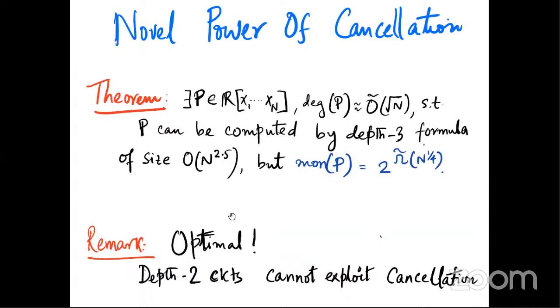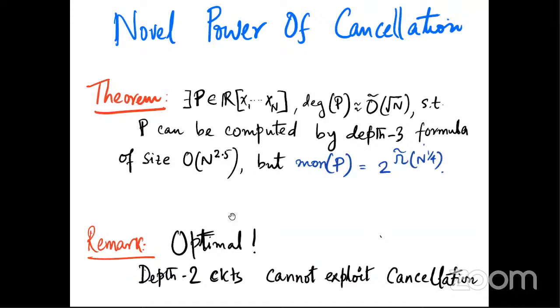You may want to ask, what about depth 2 circuits? For depth 2 circuits, you cannot expect such a thing, because they cannot exploit cancellation. What I mean by that is, if there is a monotone polynomial that is computed efficiently by a general depth 2 circuit, then there is also basically a depth 2 monotone circuit that can compute it.